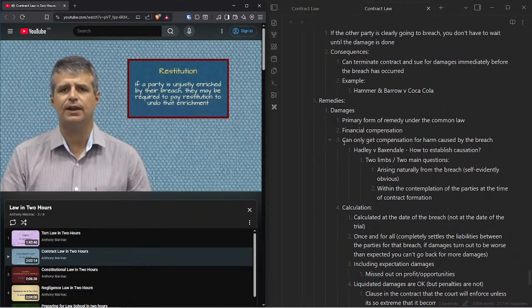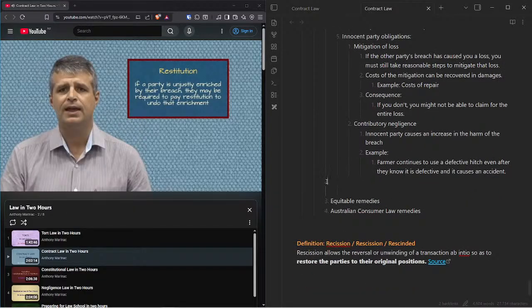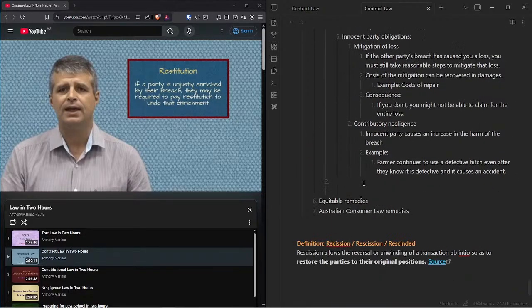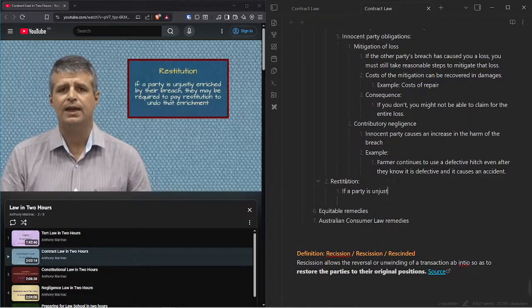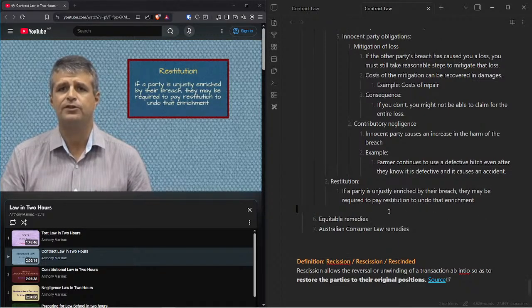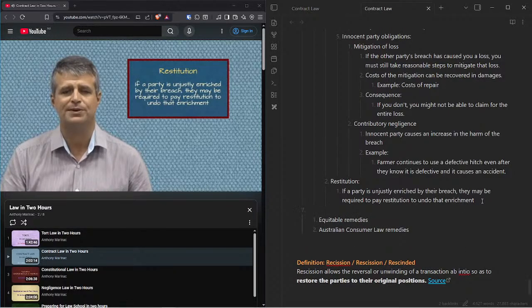Restitution is based on the idea that if a person is unjustly enriched by their breach of a contract, they may have to pay restitution to the other party to offset that enrichment.